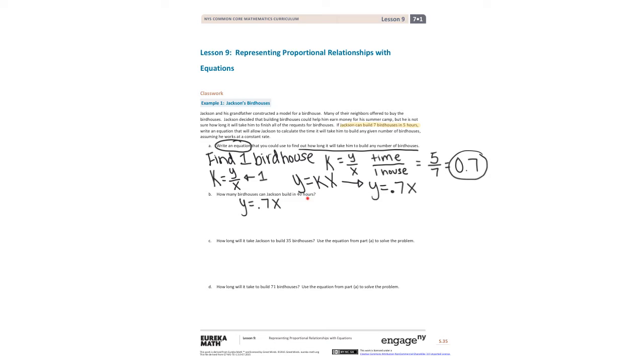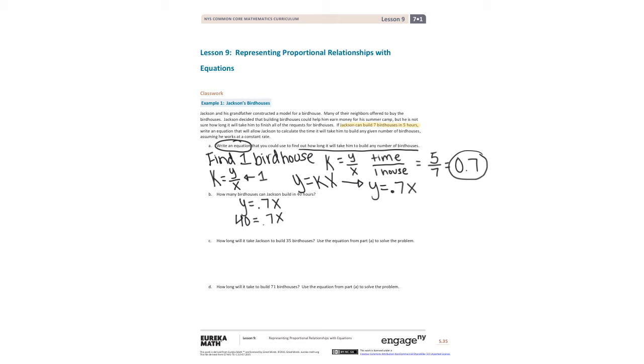The 40 hours will be our Y value since we're talking about time. So now we need to substitute 40 in for Y. So we have 40 equals 0.7x. Since we are solving for X, because we're trying to figure out how many birdhouses he can make in 40 hours, we have to get X by itself.